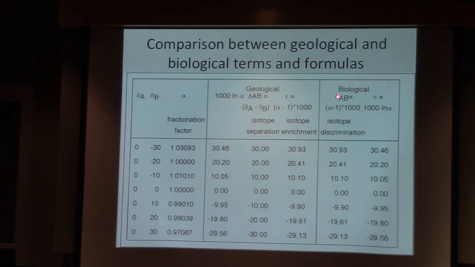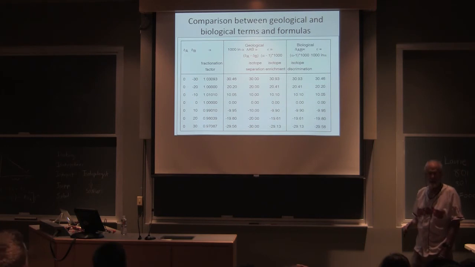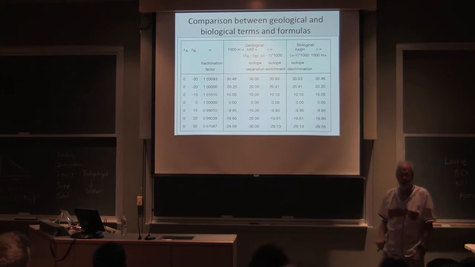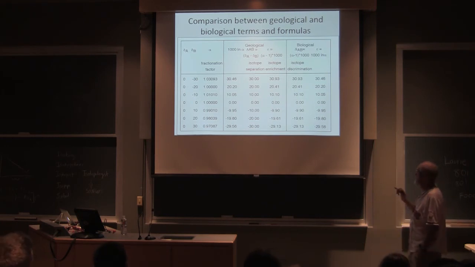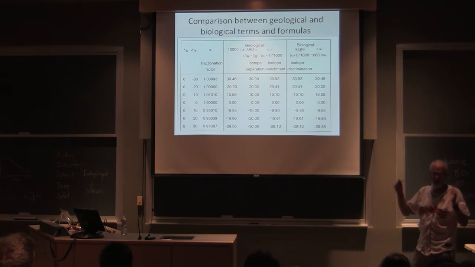But you see this value, which actually is the same, is the same as that. This capital delta is 30.93 in the biological definitions, but capital delta in the geological definition is only 30 per mil. So that's a 1 per mil difference over 30. And like I say, this problem just gets worse as the number gets bigger.